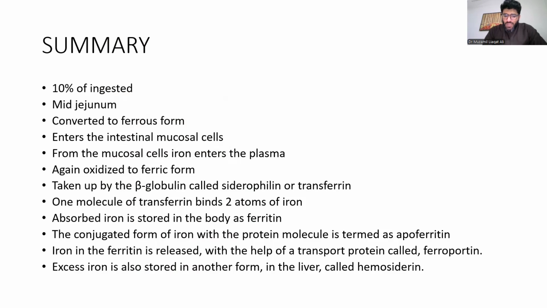It is taken up by transferrin or siderophilin. One transferrin molecule binds two iron atoms. Iron is stored as ferritin in the liver, bone marrow, and spleen. The protein part of ferritin is apoferritin, and iron is released from ferritin via ferroportin, while the excess iron is stored as hemosiderin in the liver.